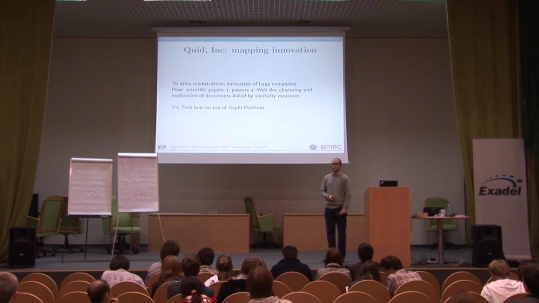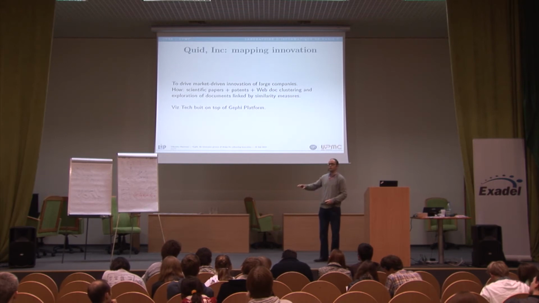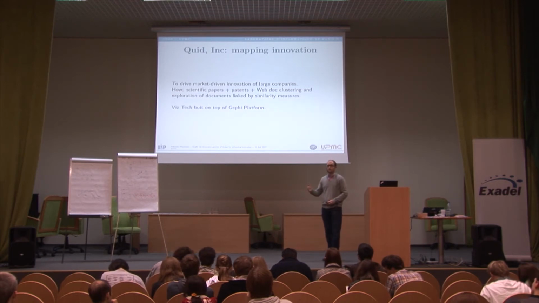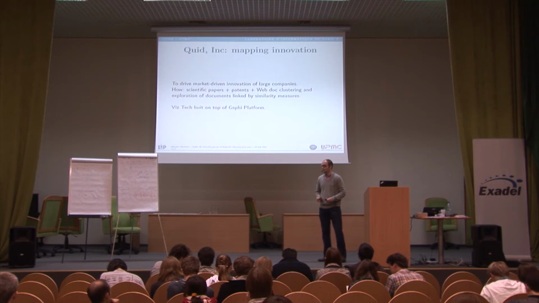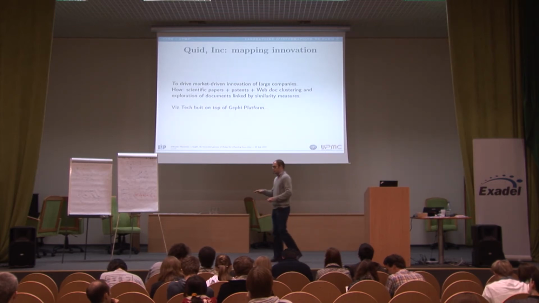For instance, I have a company, I want to make business in this country, what's going on? Or I'm working on this particular technology, I want to better know what the current trend in research is and what I should expect in the next 5 years. So this company uses Gephi for their business.